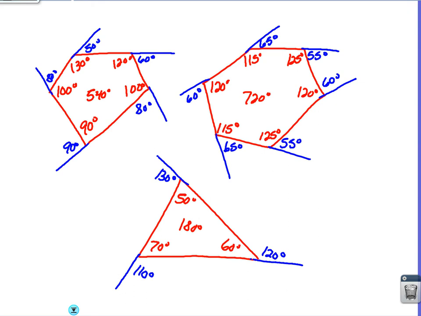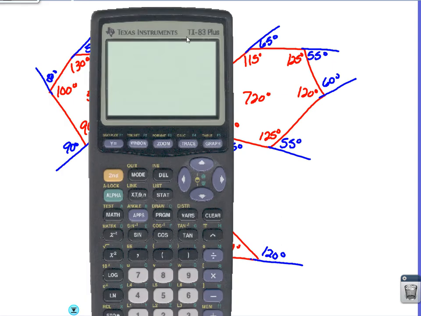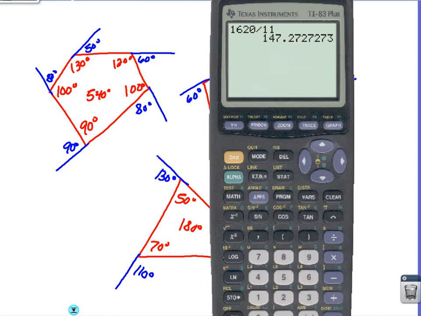Well, let me pull my calculator back out. I have 80 plus 50 plus 60 plus 80 plus 90. And I got 360.